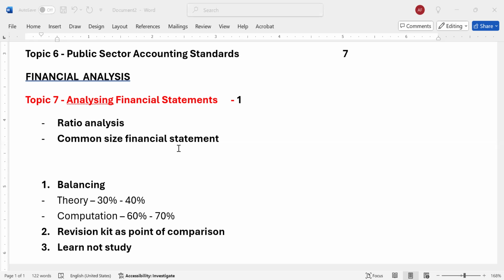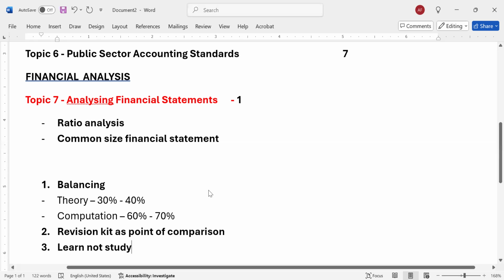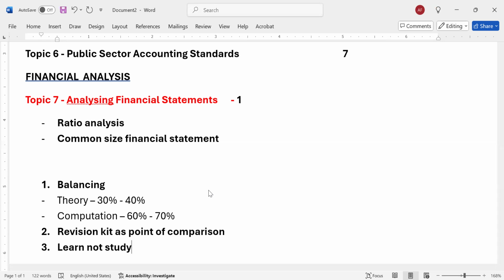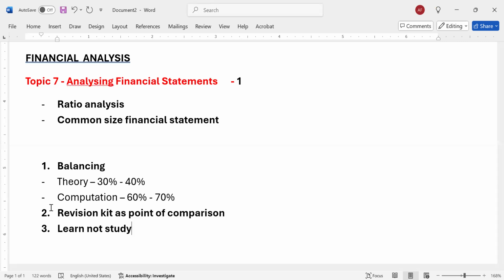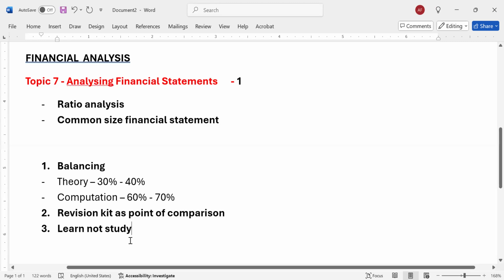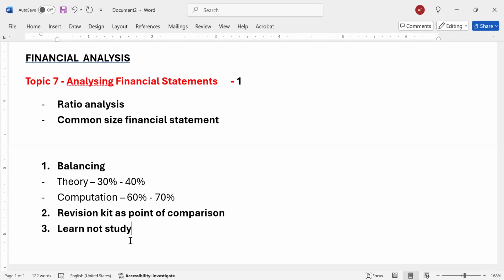So let us use this strategy. Number one, the balancing part. I'm going to share theory Q&A for us. Number two, we use the revision kit as a point of comparison and not a point of reference. Number three, we should aspire to learn and not to study.